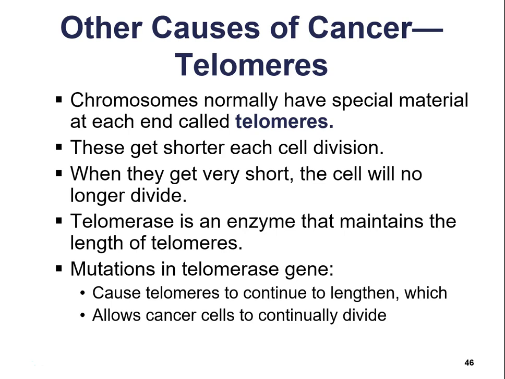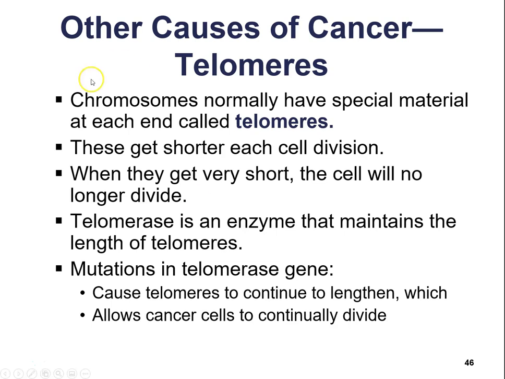Okay, so these telomeres don't code for proteins or anything like that. They're not genes that code for anything, but they keep getting shorter and shorter. As they get shorter, it signals the cell that it shouldn't divide anymore, right? Because if it divides again, it may very well be missing DNA that it needs, okay?